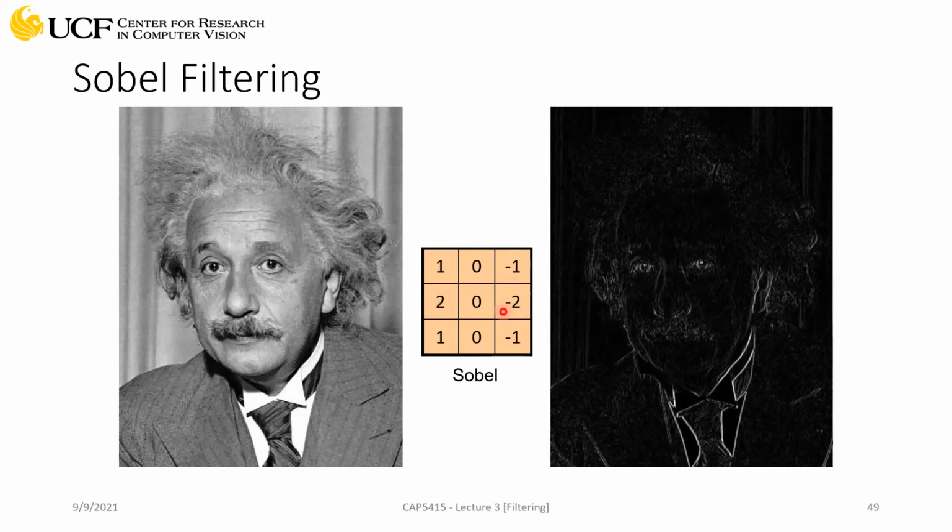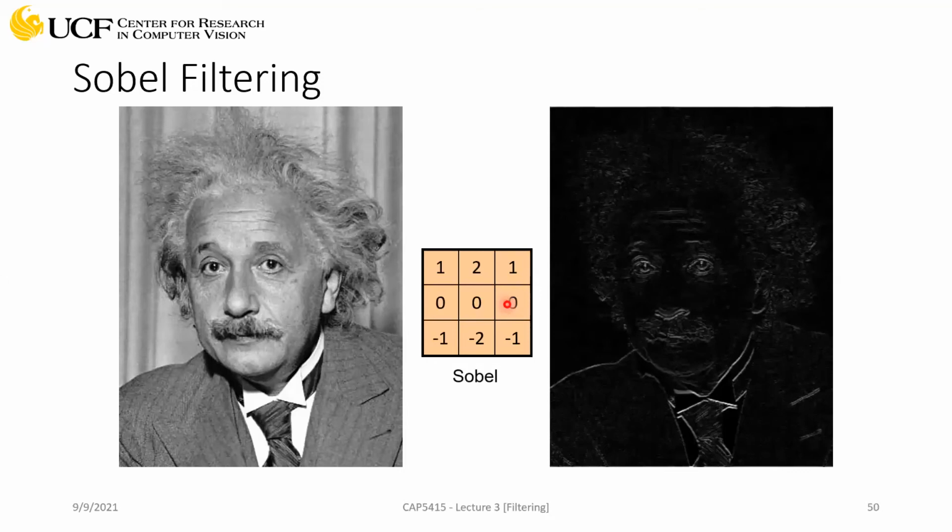In this case, it's 2. And it's called the Sobel filter. That's a pretty interesting result. This is giving you vertical edges. But if you take the transpose of this, with 1, 2, 1 in the first row, negative values in the last row, and 0 in the center, then it's going to compute your horizontal edges.